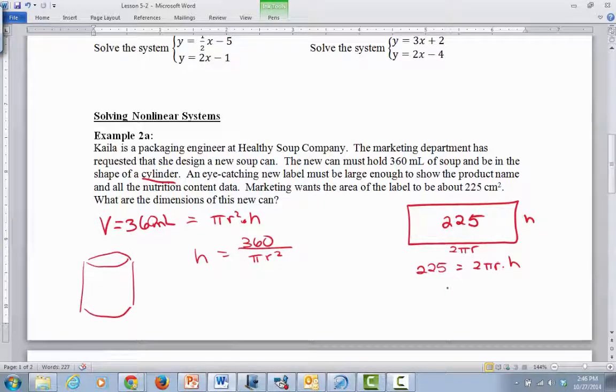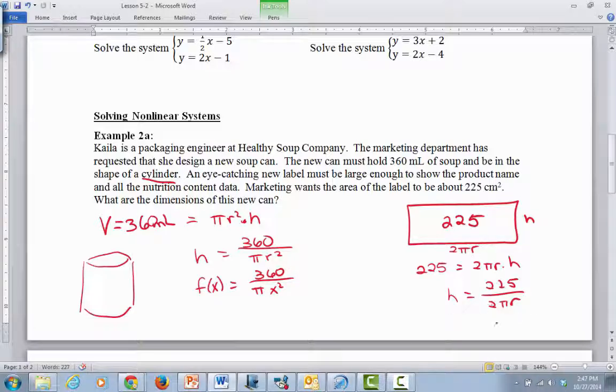Okay, on this one, h is going to be 225 divided by 2 pi r. So all we need to do now is we're going to actually use our calculator. I'm going to change h to f of x. And that's going to be 360 over pi x squared.